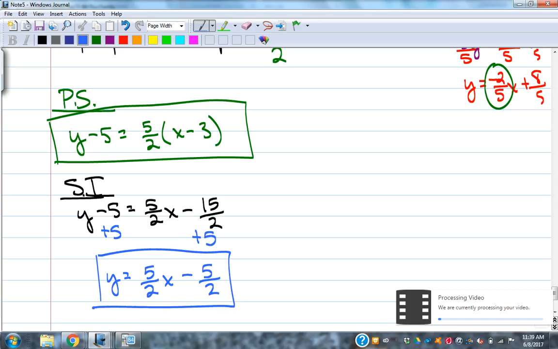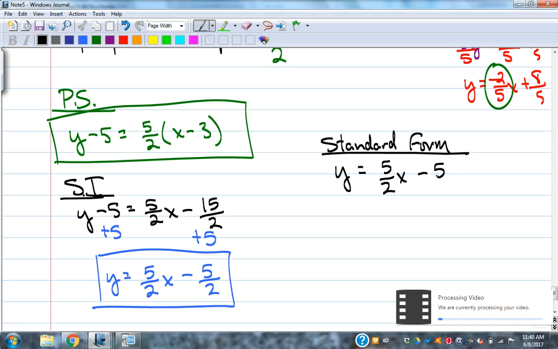So there's my slope intercept form. Now I want standard form. Okay. So I'm going to take that, and I would subtract the 5 over 2x, like I've done in the past.